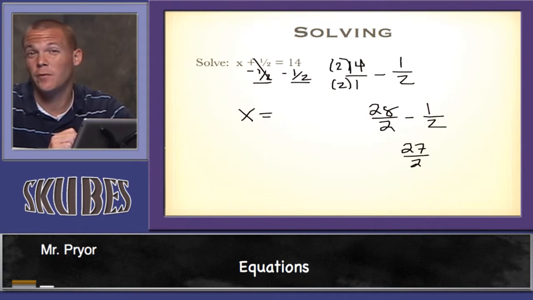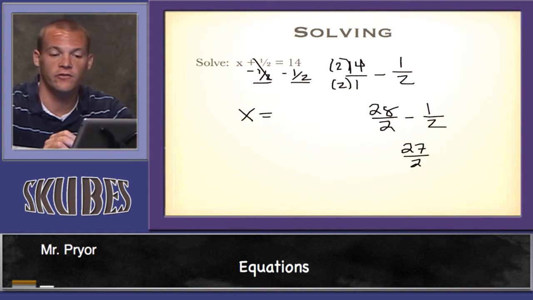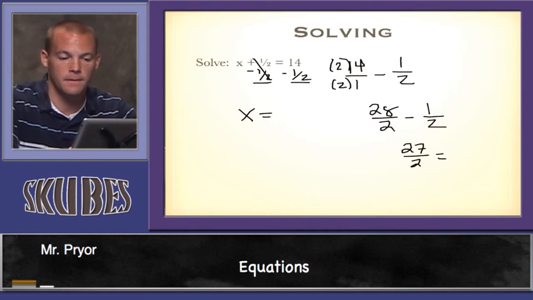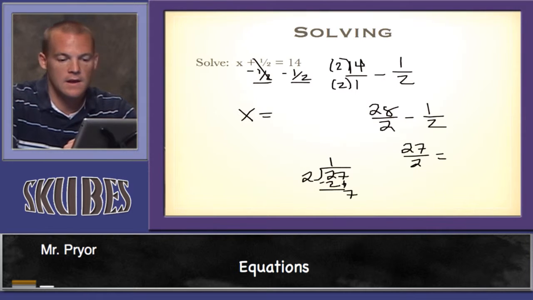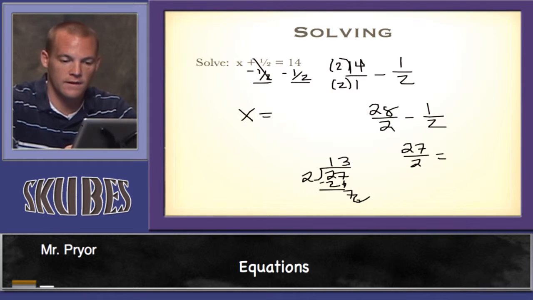And again, at this point, it's dependent on what your teacher wants you to do. If you've been working with mixed numbers, you'll have to divide to figure out what that would be as a mixed number. So that's 2 into 27. It goes into 2 once. Bring down the 7, and it goes into the 7 3 times. That's going to leave 1 left over.